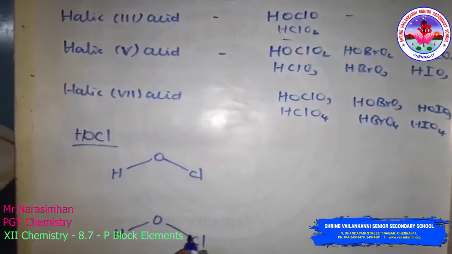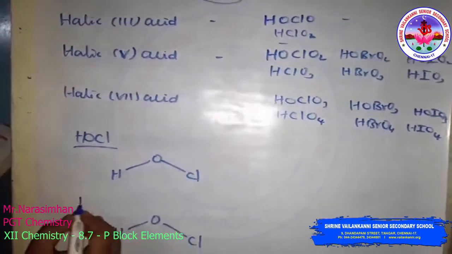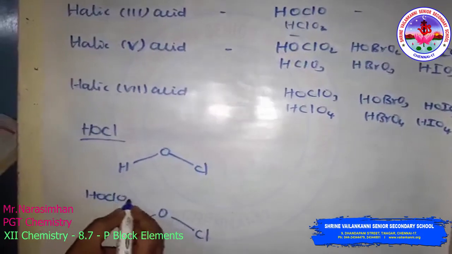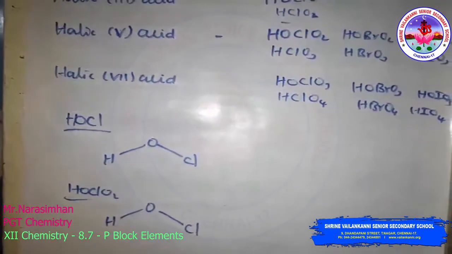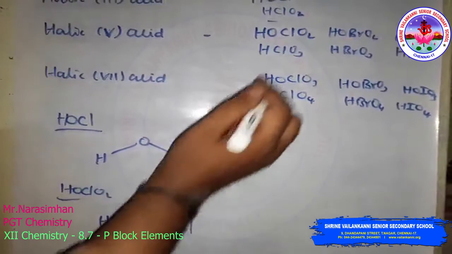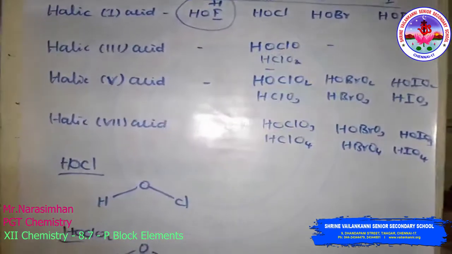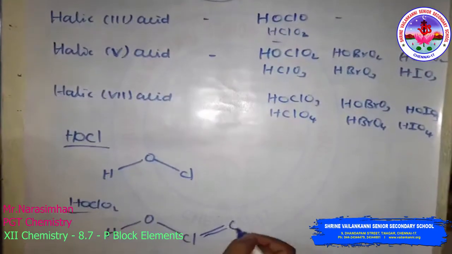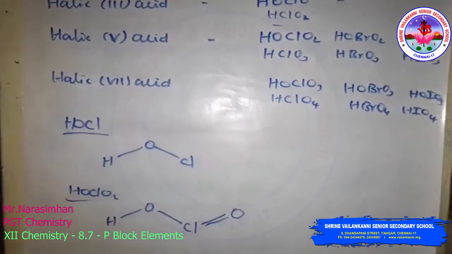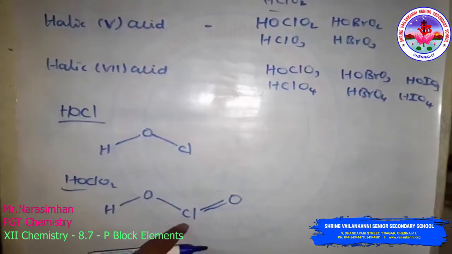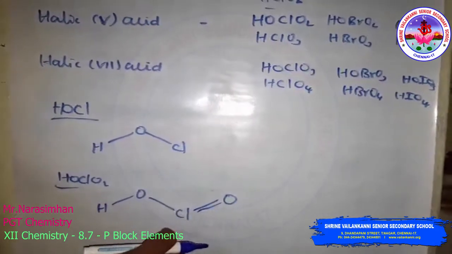So here HOClO, not HOClO2. The form is like this. Here the chlorine oxidation state is 3, that's why 3 bonds.